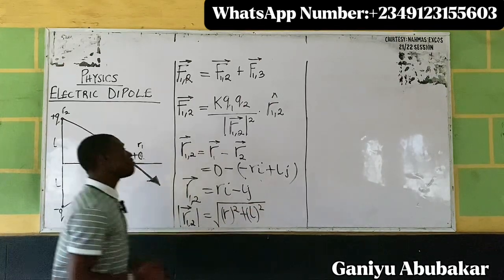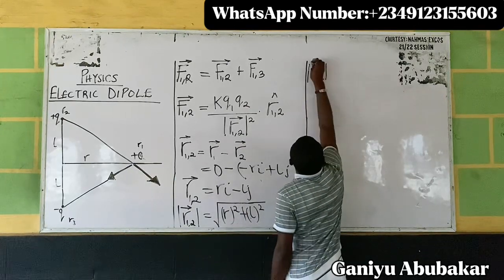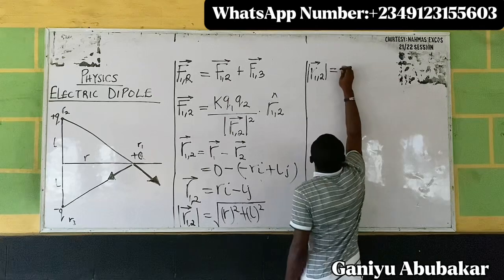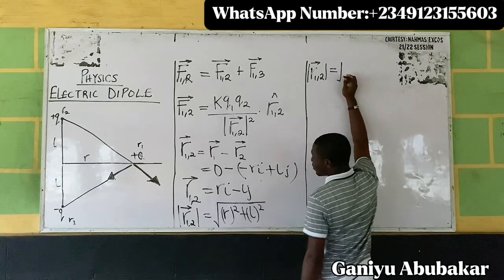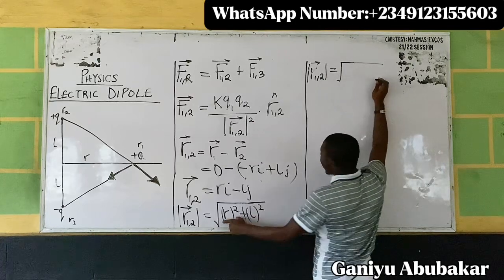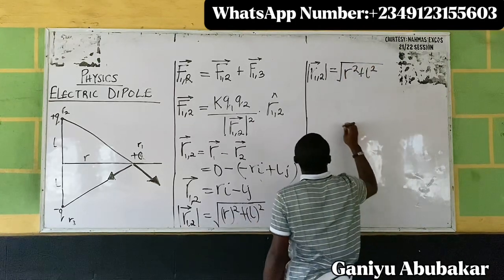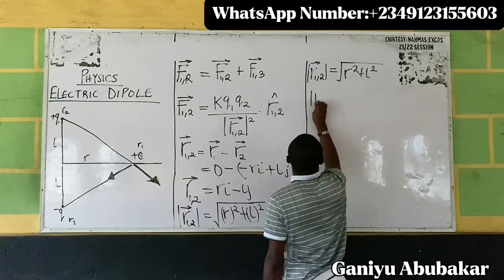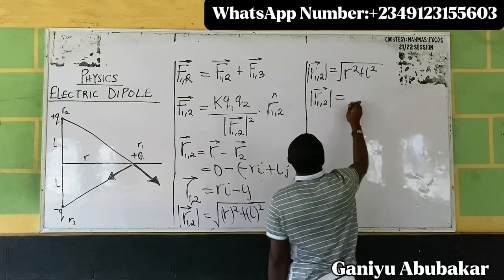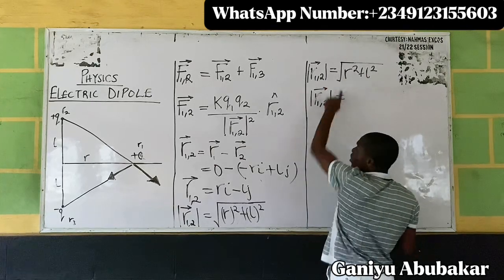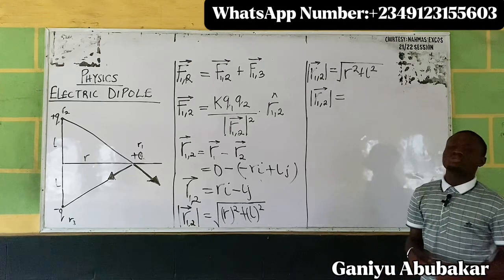Alright, for me I will have that the magnitude of R12 is equal to the square root of R squared plus L squared. At this junction here, I can represent the value of the R12 magnitude as being equal to the square root, in accordance with indices.